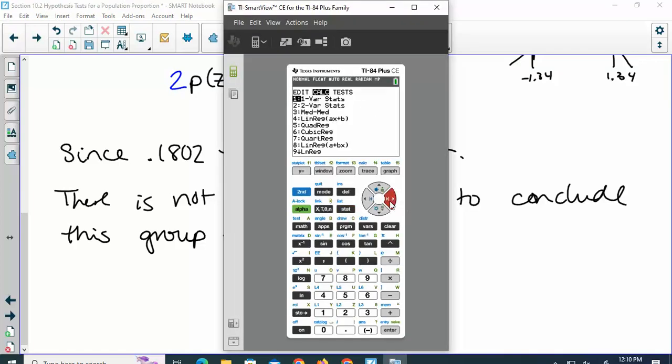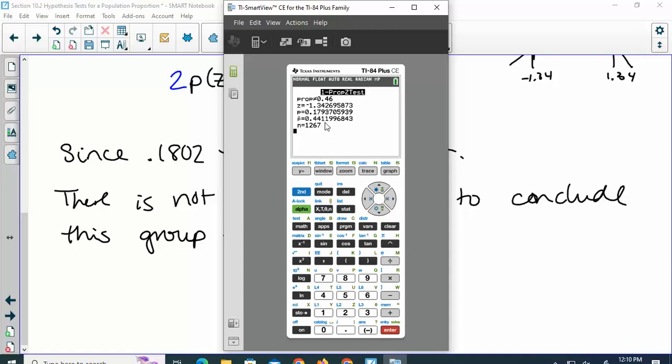So stats test number 5, our p was 0.46, x was 559, n was 1267. This time we tested not equal, so you have to make sure you click that.